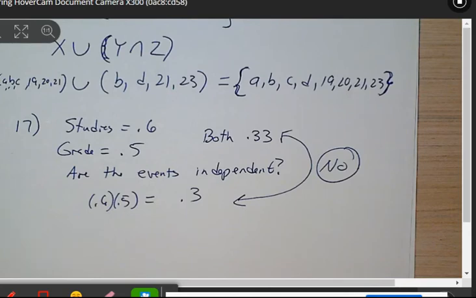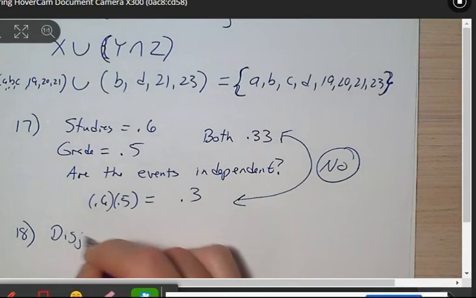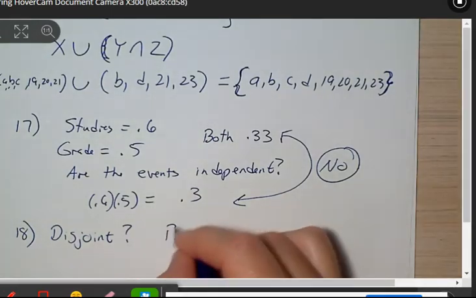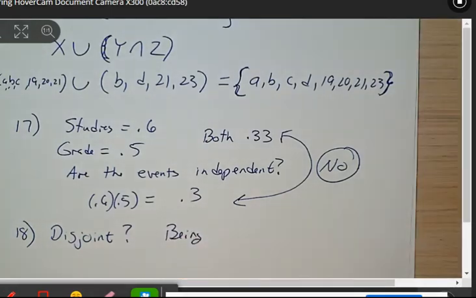Okay, and then 18, I think this was one similar to one of the first questions that we did. Basically, it gives you two different things and asks you, are these two events disjoint? Trustworthy and employed, I think is what it was.